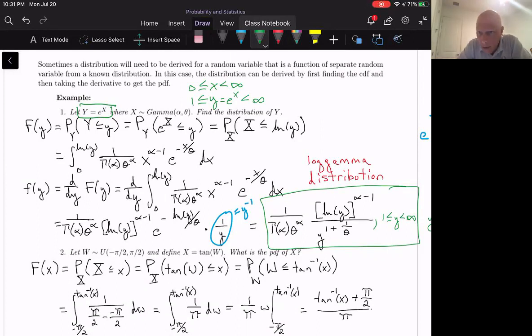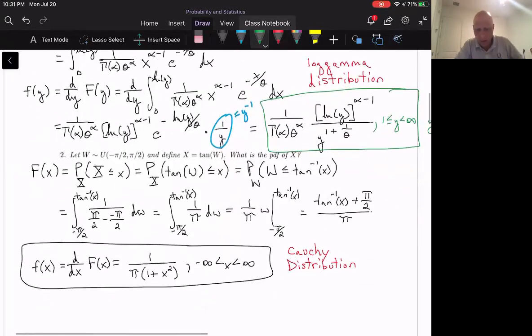Let's see, Alvin. What was your -1 to 1 question mark answering? Bounds for 2. So the bounds for integration come from the fact that we are integrating with respect to W's distribution. And W we are given has the uniform distribution.